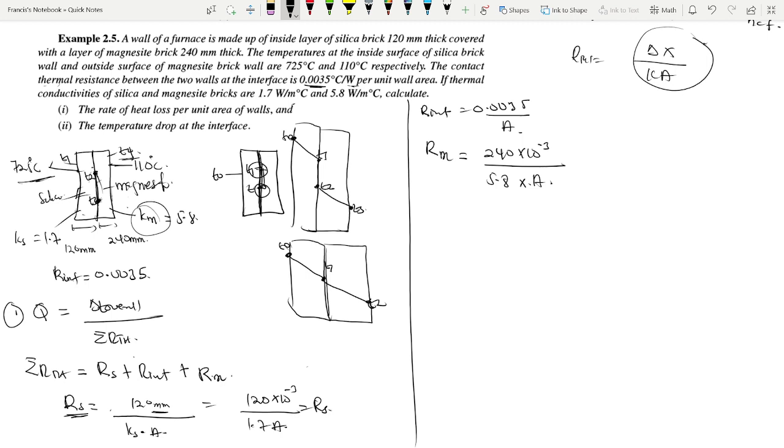For Rs, this is our thickness, 120, and this is our Ks, A. For Rm, this is our thickness, this is our Km, and this is A.